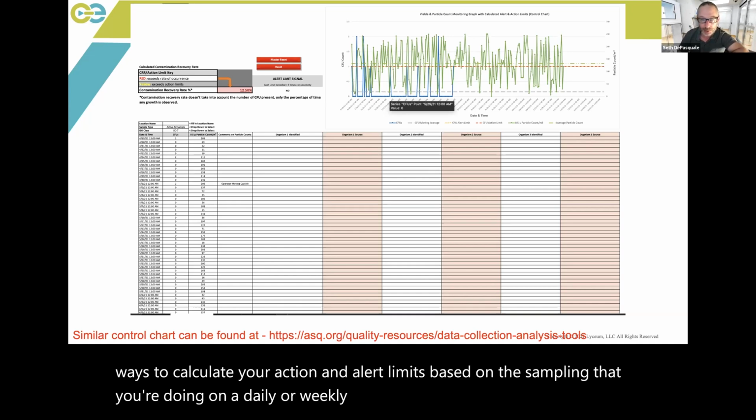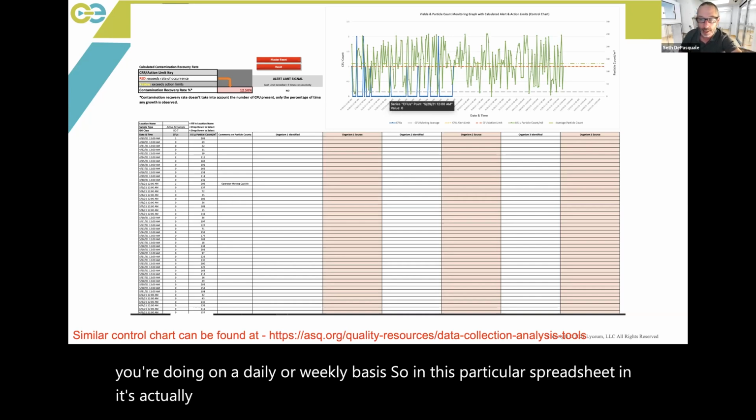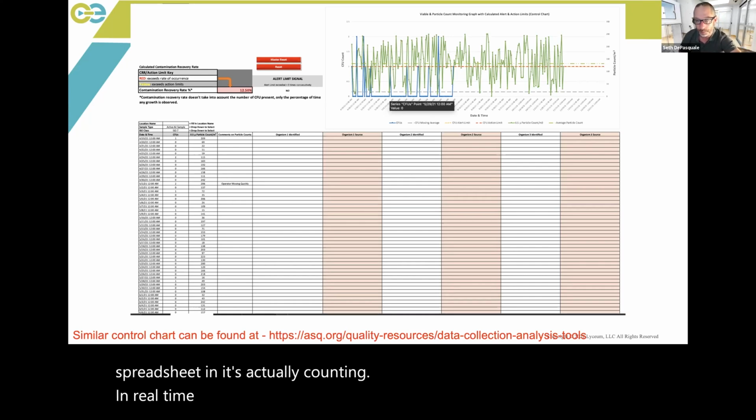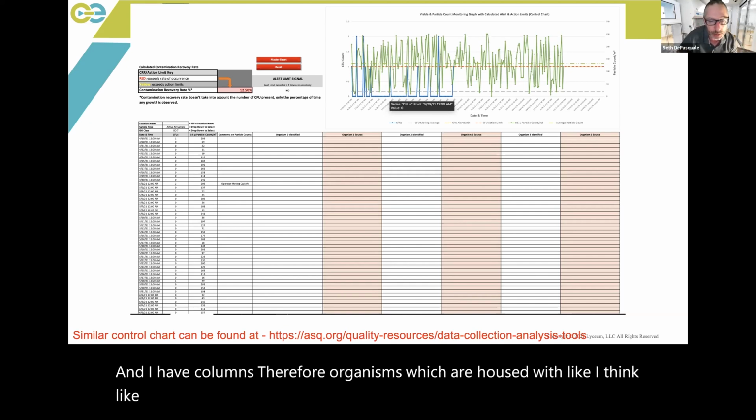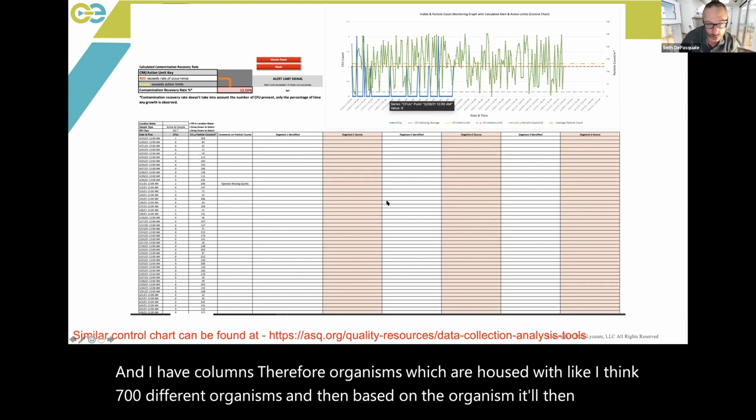In this spreadsheet, it's counting in real time and calculating my action and alert limits for me as time goes on. And I have columns there for organisms, which are housed with I think 700 different organisms, and based on the organism, it'll then populate a source.